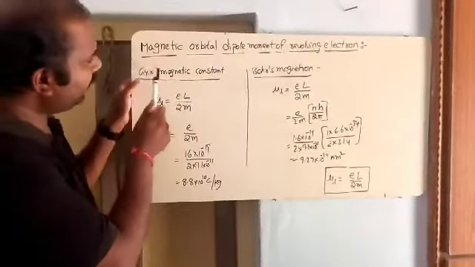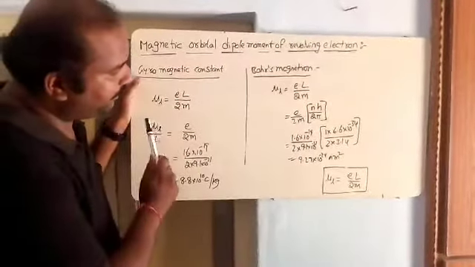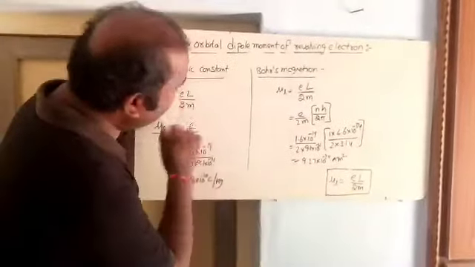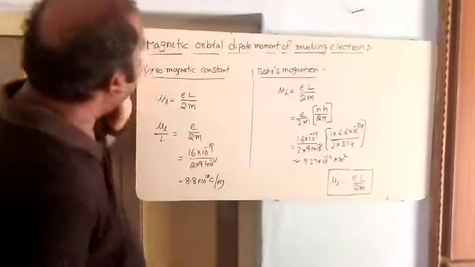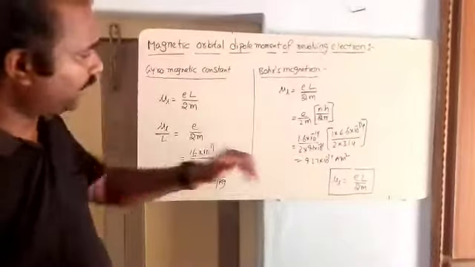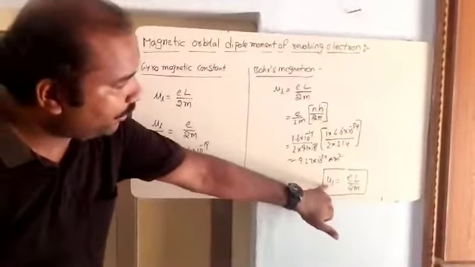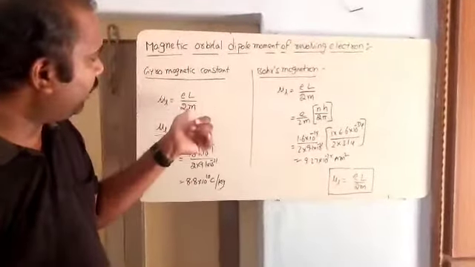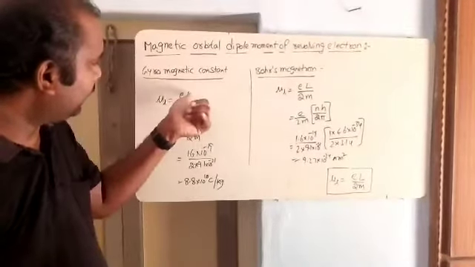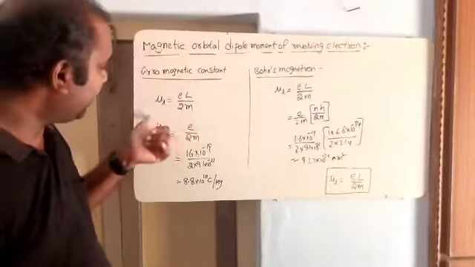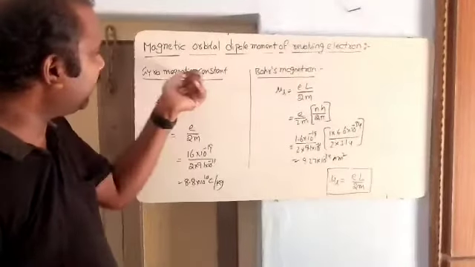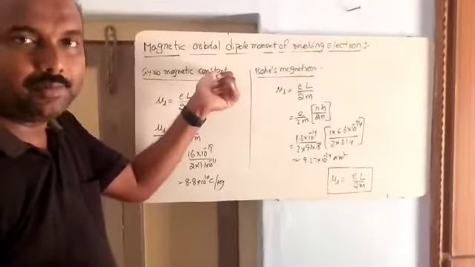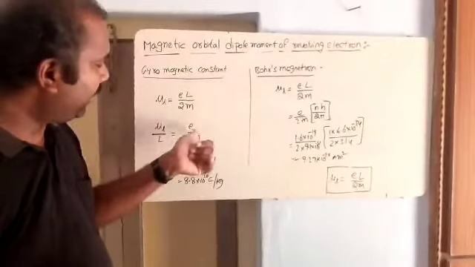See, the gyromagnetic constant I can get from the magnetic dipole moment result. What is the magnetic dipole moment result? mu L is equal to eL by 2m. This L I am taking here. This ratio I can call the gyromagnetic constant, e by 2m.